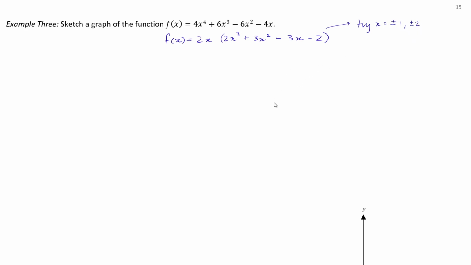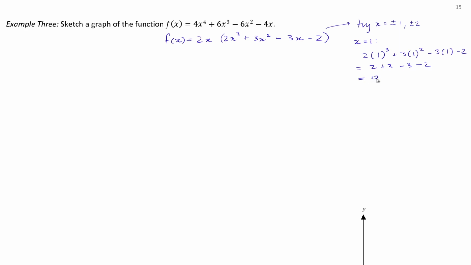So I'll try with the simplest one, which is, let's try inserting x equal to 1. All right, so then I get 2 times 1 to the power of 3, plus 3 times 1 to the power of 2, minus 3 times 1, minus 2. And I get 2 plus 3 minus 2.